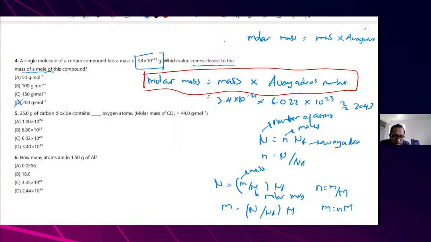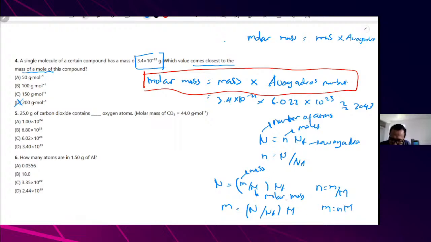A single molecule of a certain compound, we already have this one. So the question is the molar mass. Which one is the molar mass? The big M. We have the information of mass, number of atoms, probably. This is the mass, and this is the Avogadro number.